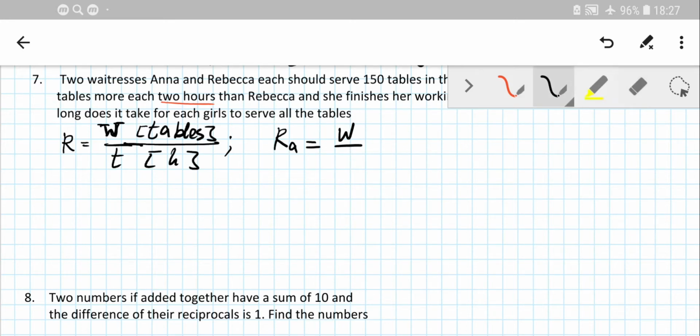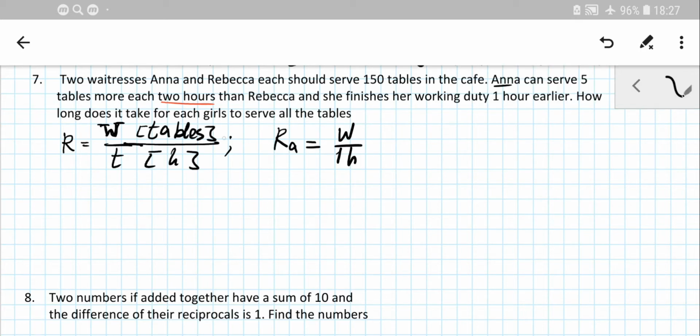What about Rebecca? Let's say R stays for Rebecca. Her rate of how many tables she served is another work per 1 hour.